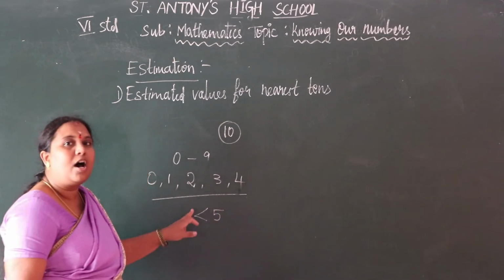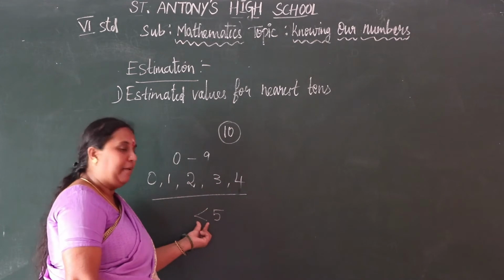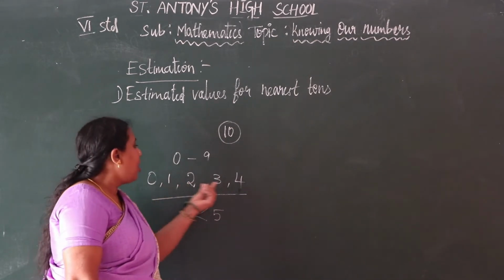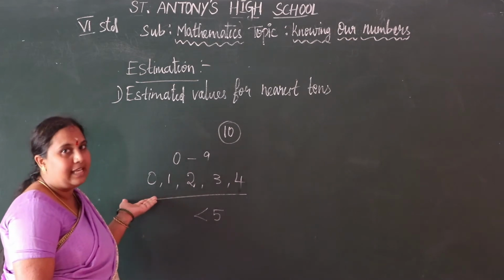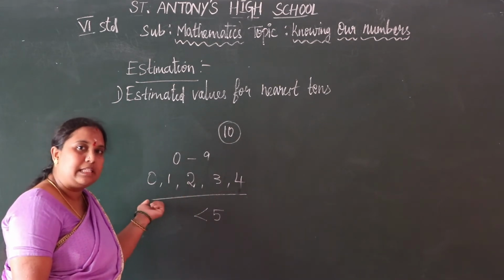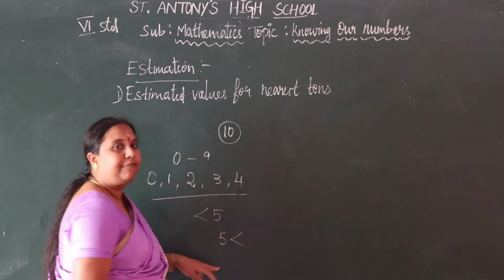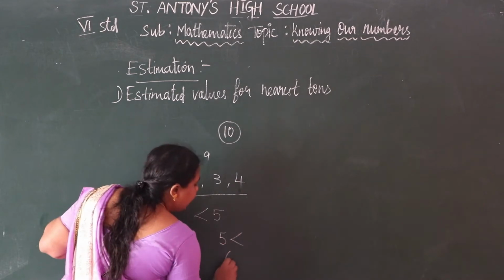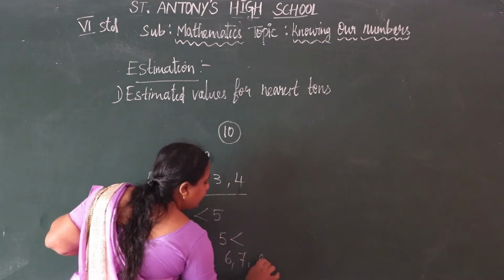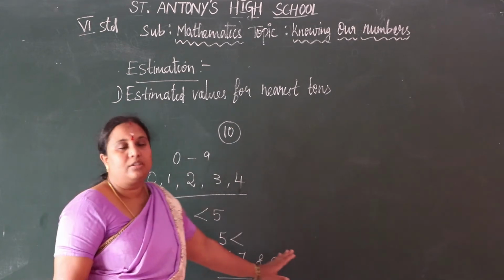If less than 5, 1, 2, 3, 4 are all nearer to 0. If greater than 5, that is 6, 7, 8 and 9, these numbers are nearer to 10.